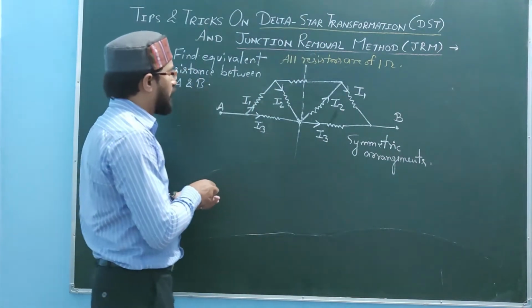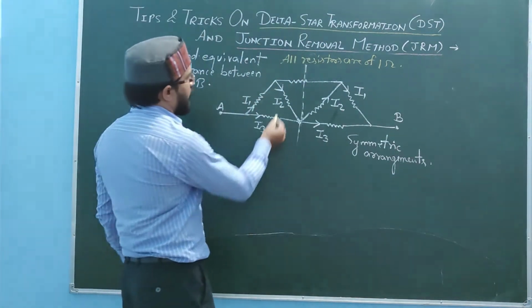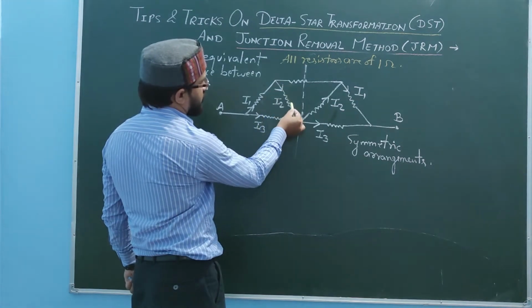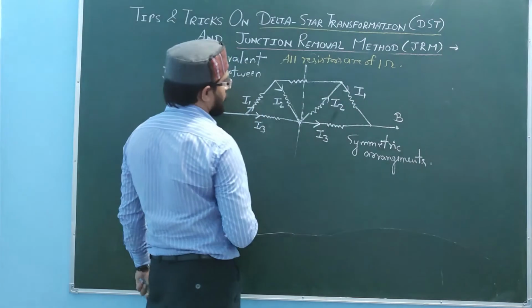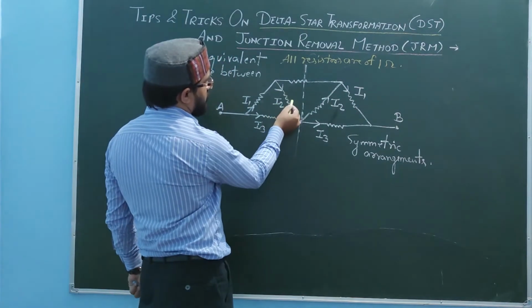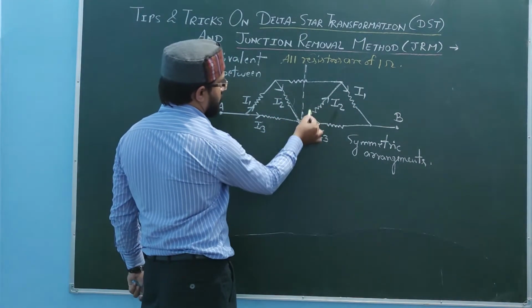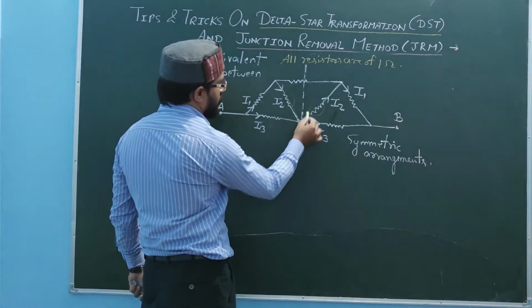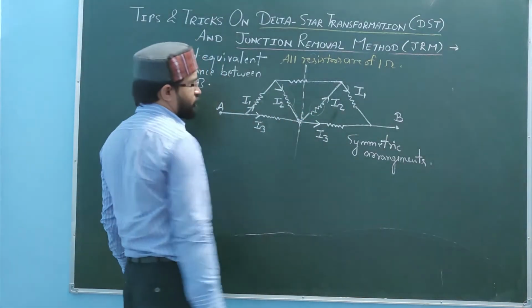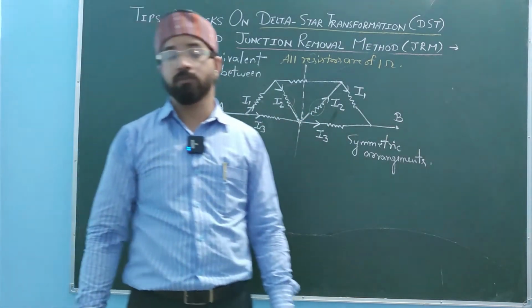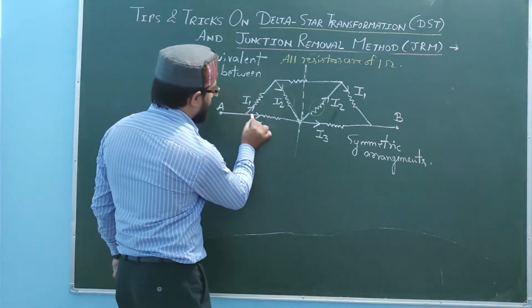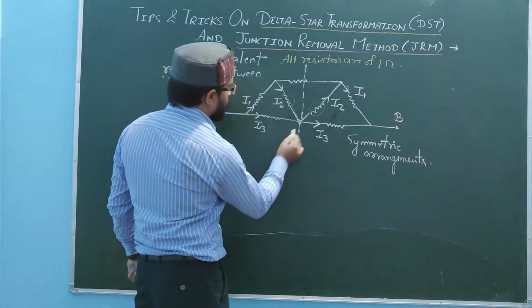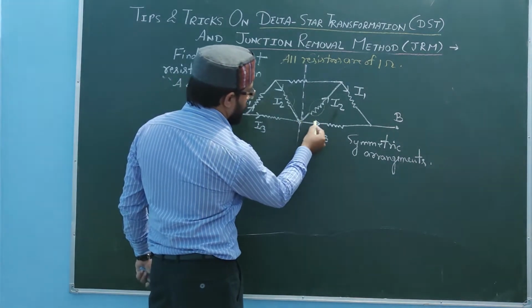Now if we do like this, you can see I2 current is passing like this, and here also I2 current is passing, which means this resistor and this resistor are in series combination. Other than that, this is the junction. What is the use of this junction? No use. One more thing: you see I3 is coming like this, and after the junction here also I3 is moving.